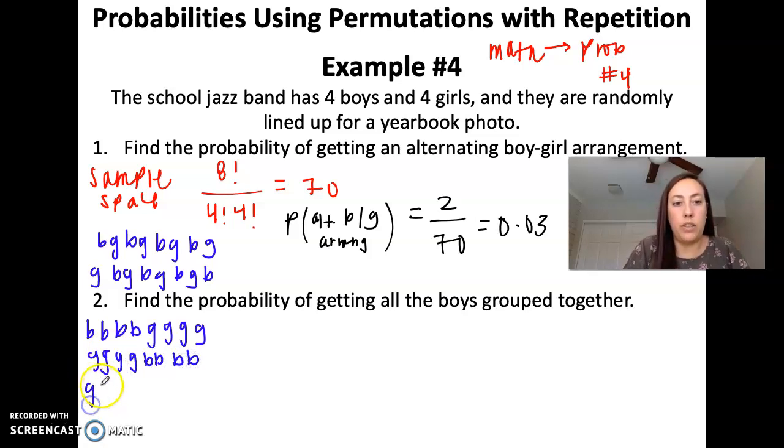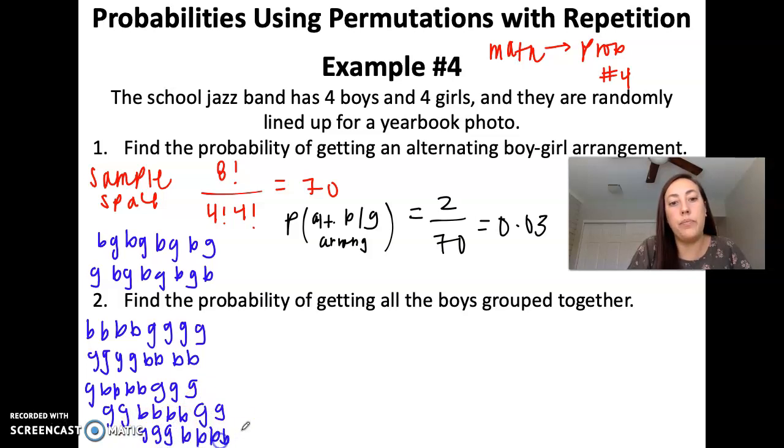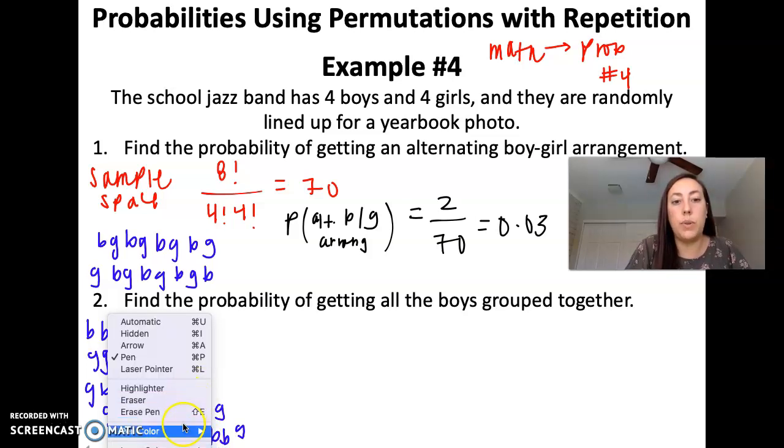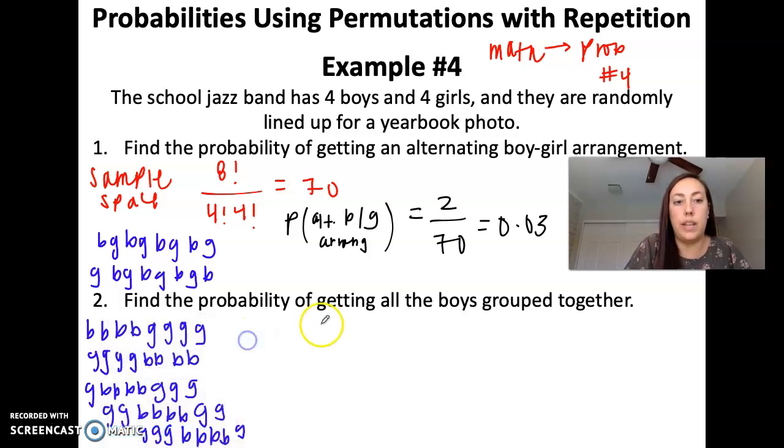We can have 1 girl at the front, the 4 boys, and then the last 3 girls. 2 girls at the front, our 4 boys, and then our 2 girls. And then last we can have 3 girls at the front, our 4 boys, and our last girl. So there's 5 different ways we can have all the boys grouped together.